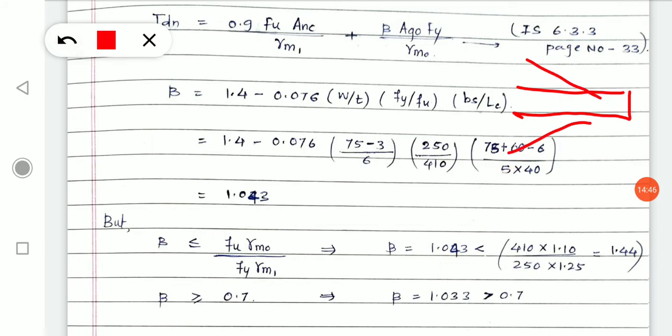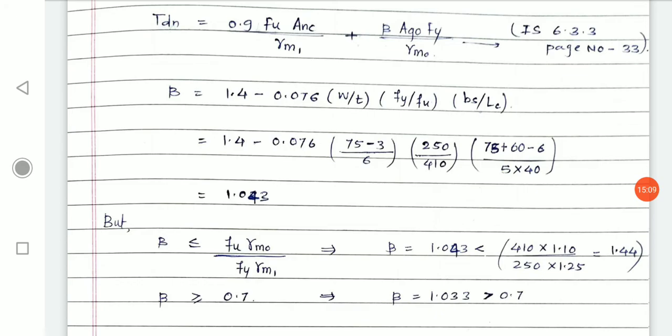This is how you connected it. Now on that you have bolts, right, to connect the angle with the gusset plate. The LC will be the distance between the end bolts.